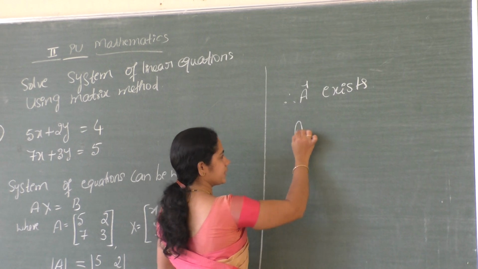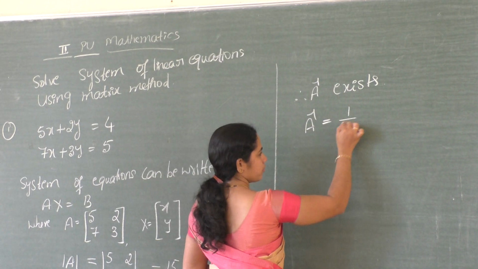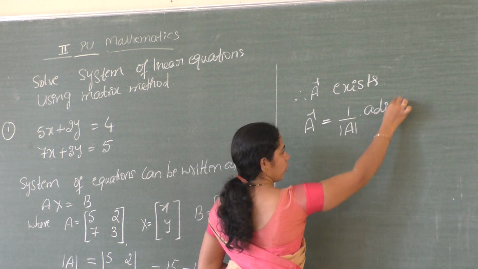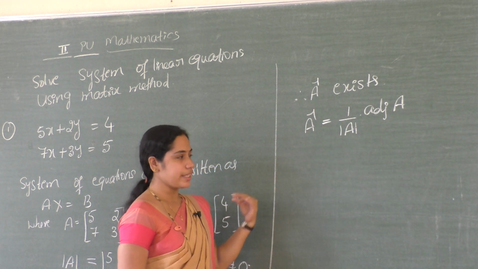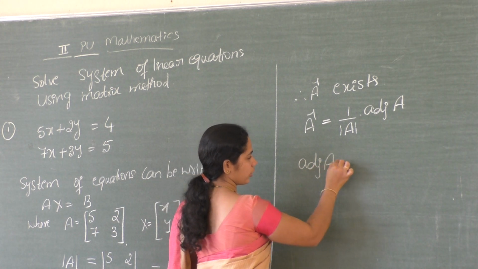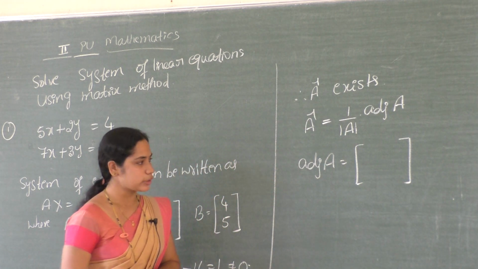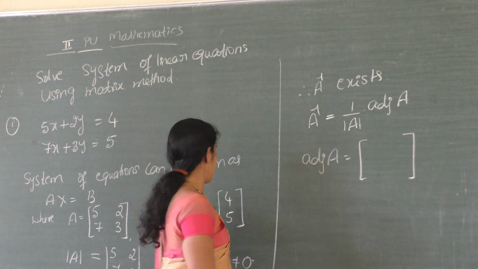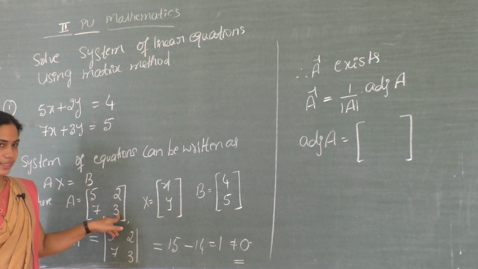What is A inverse? A inverse equal to 1 by determinant of A into adjoint of A. Determinant of A we have already. We'll find out adjoint of A. What is adjoint of A? For 2 cross 2 matrix, we can write adjoint of A directly. Here what is A? 1, 2, 7, 3.